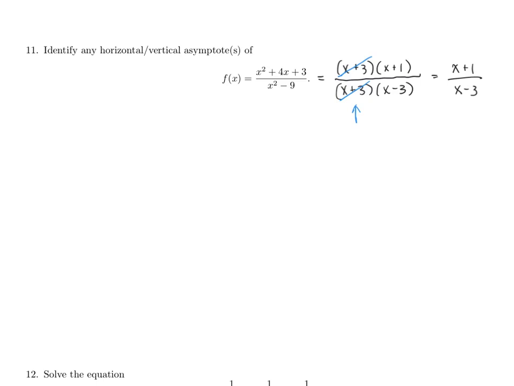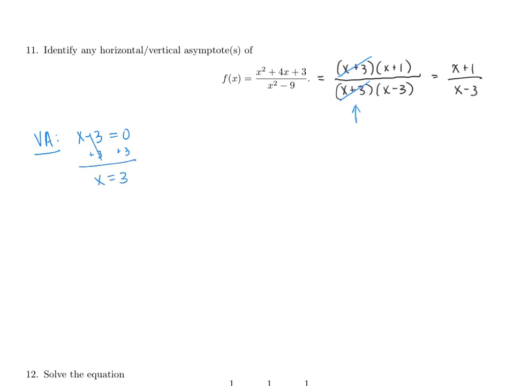The vertical asymptotes come from the denominator. So your vertical asymptotes are always all of the factors on the bottom set equal to 0, with the exception of the points of discontinuity. So the x plus 3 won't lead to a vertical asymptote, but the x minus 3 will. And so when you solve for that, you're going to add 3 to both sides.